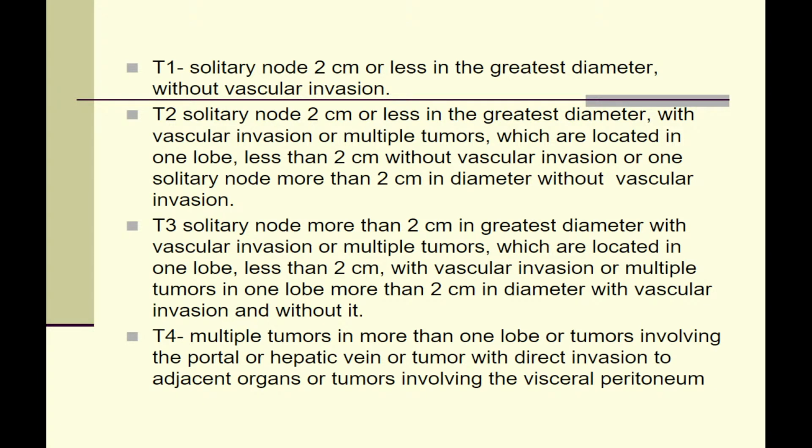And T4: multiple tumors in more than one lobe, or tumors involving the portal or hepatic vein, or tumor with direct invasion to adjacent organs, or tumors involving the visceral peritoneum.